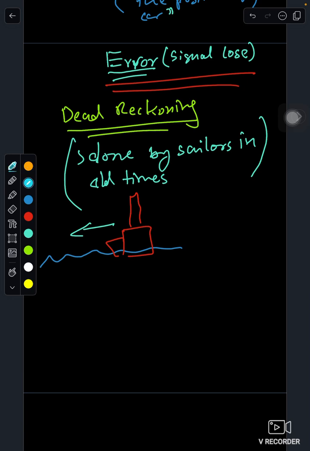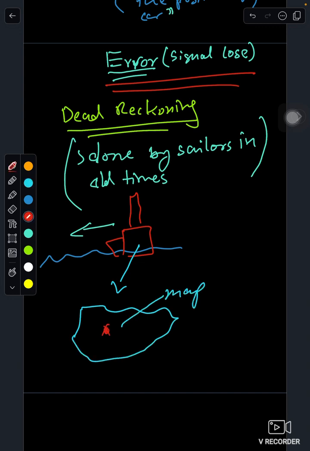When they want to figure out where they are on the map at a given time, they want to know which position they are on.